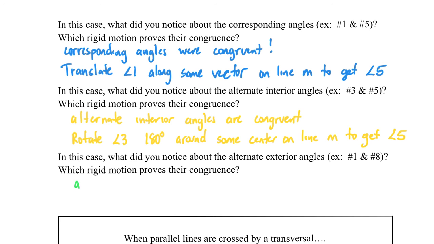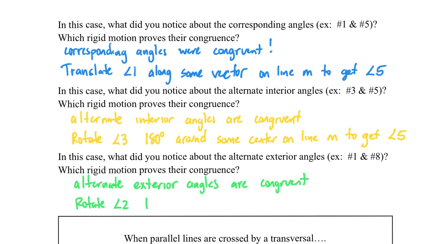And we find that alternate exterior angles are congruent. Again, this is because the lines are parallel. And again, we would rotate angle 2 180 degrees around some center on line M to get angle 8.